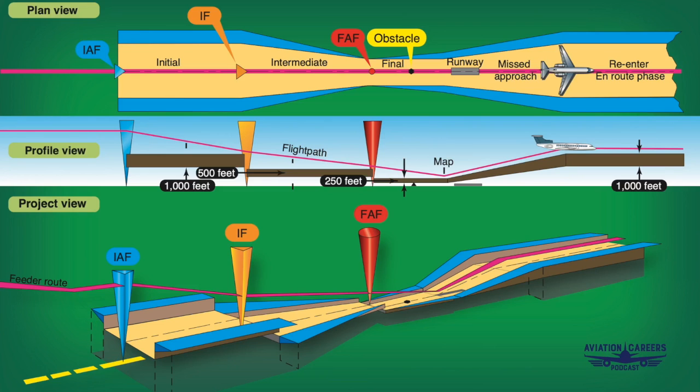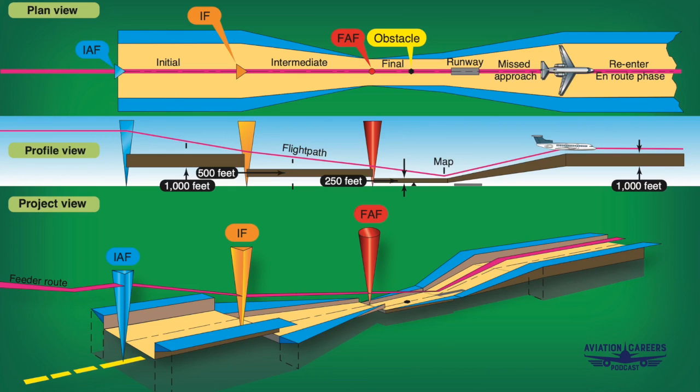If you look at the two different diagrams there, it really helps a lot. There are three here: a plan view, a profile, and a projected view, which is actually both. The intermediate portion goes from the intermediate fix to the final approach fix.